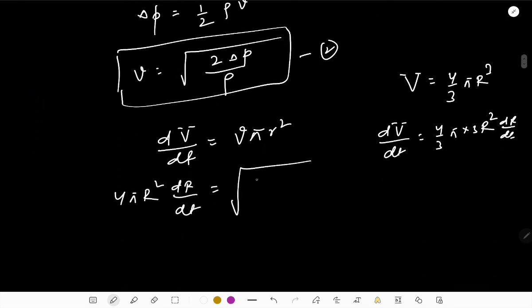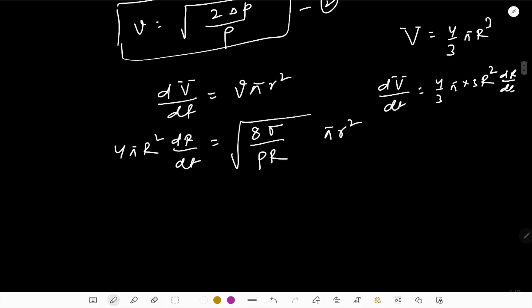So this v thing will become root of 8 sigma by rho r, multiplied by pi r square. And now we can find the value of u, and that was equal to dr by dt.